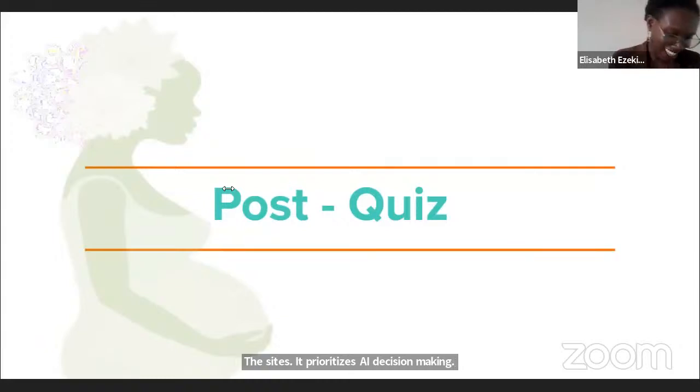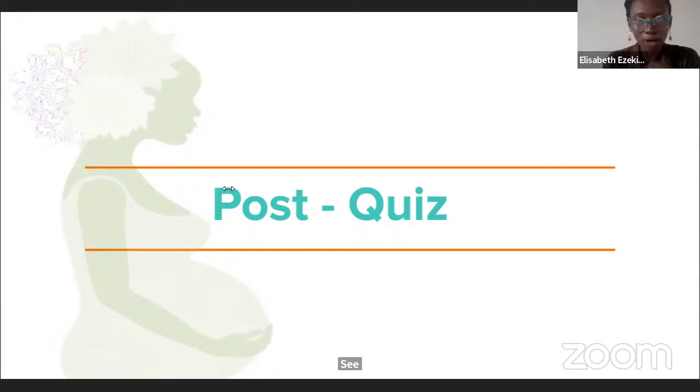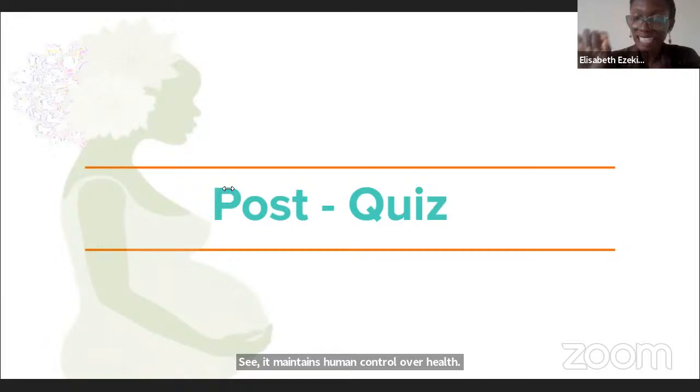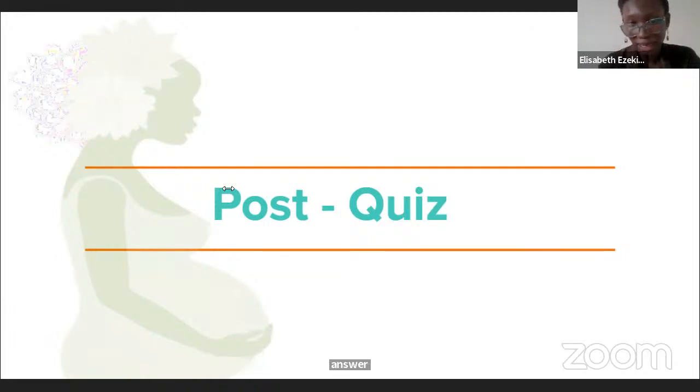C, it maintains human control over health, privacy and informed consent. And D, it runs algorithms without human intervention. The correct answer is C, it maintains human control over healthcare systems.